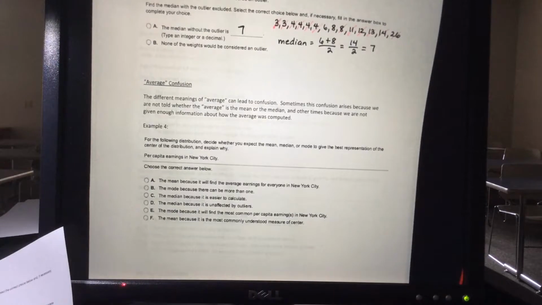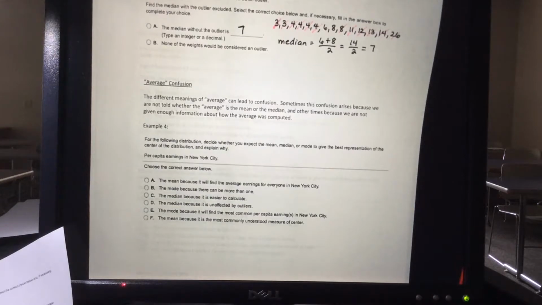Okay, so in example 4, for the following distribution, decide whether you expect the mean, median, or mode to give the best representation of the center of the distribution and explain why.